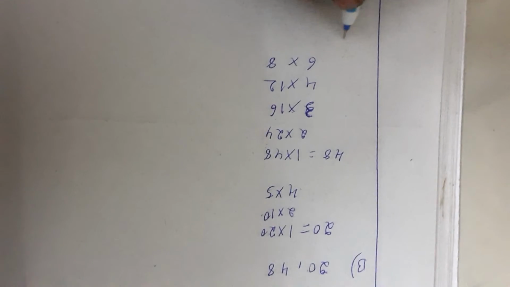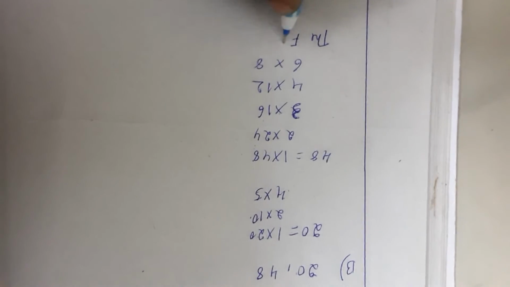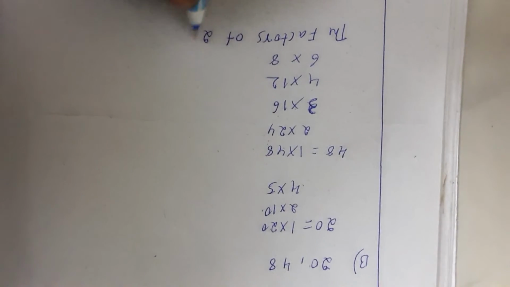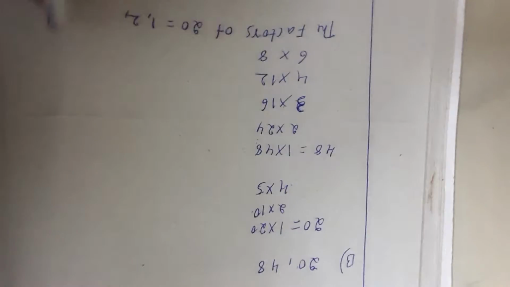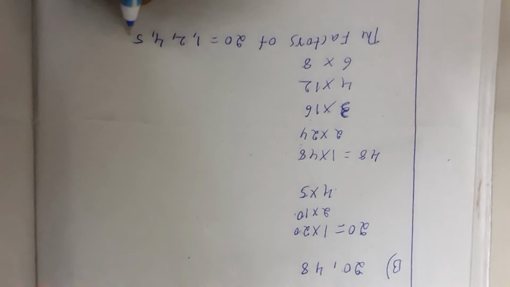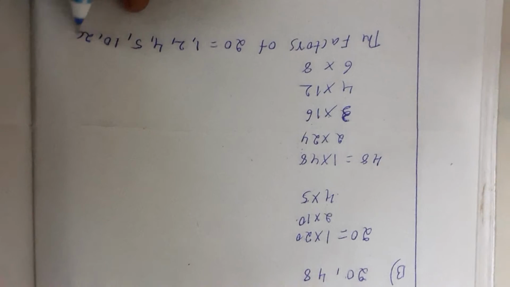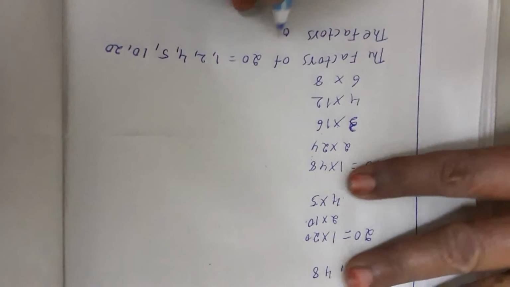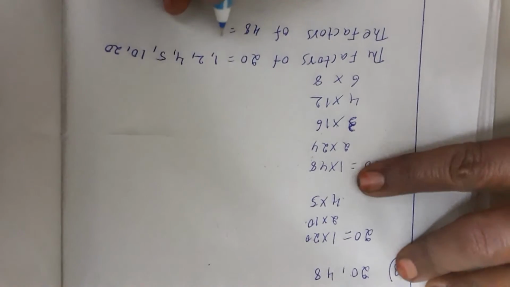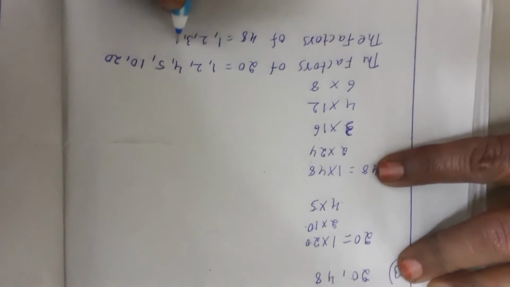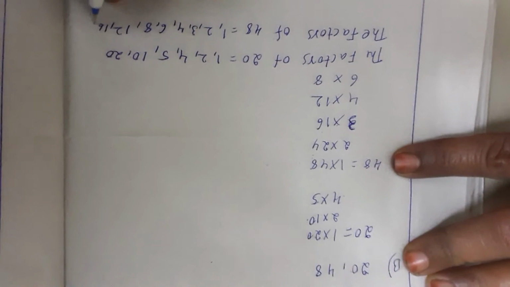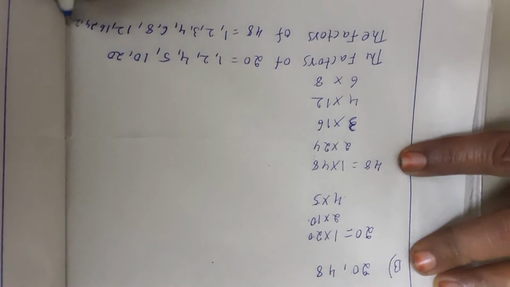So the factors of 20 equal 1, 2, 4, 5, 10 and 20. The factors of 48 equal 1, 2, 3, 4, 6, 8, 12, 16, 24 and 48.